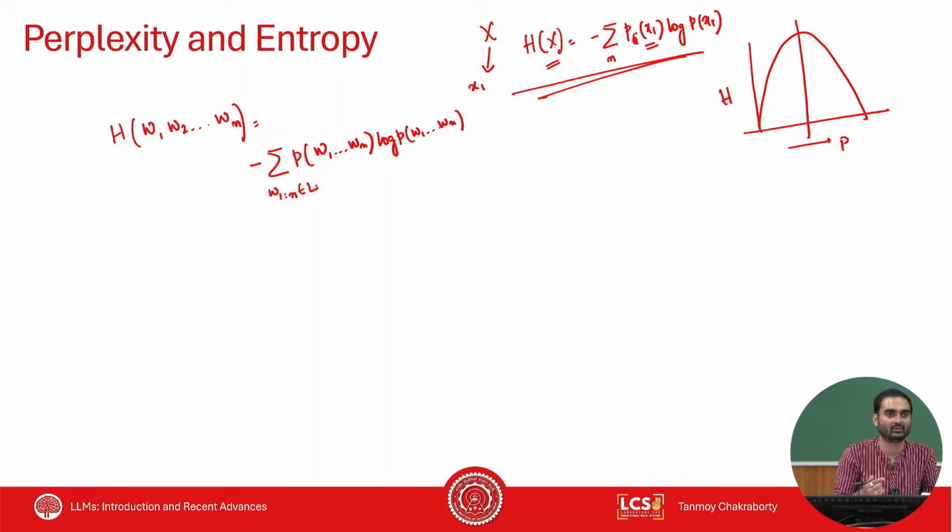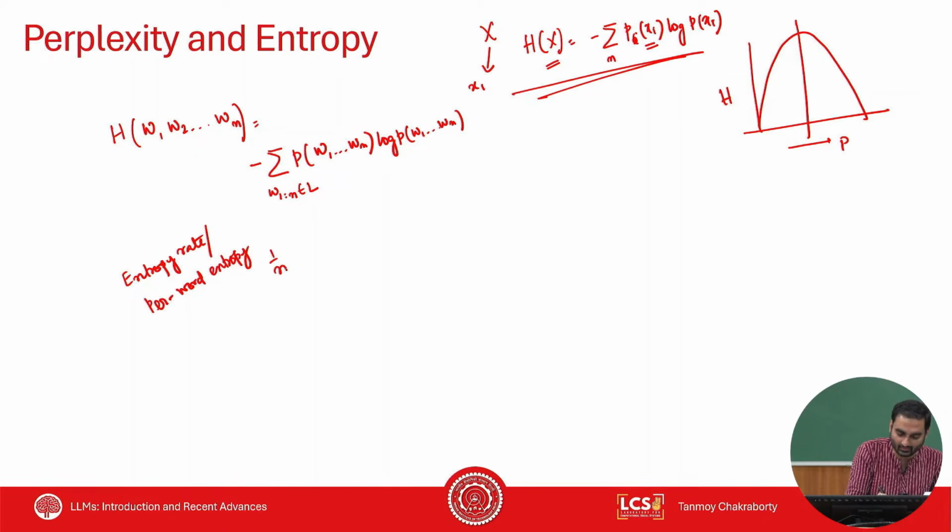Now we define the entropy rate. Why do we define entropy rate? Because this is the entropy of a sequence. We need to define the entropy of a word, of a token. So we define something called entropy rate, or per word entropy. What is it?